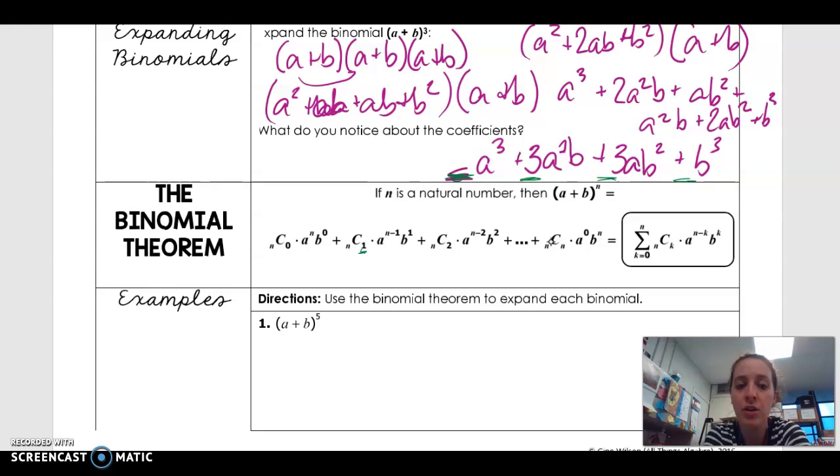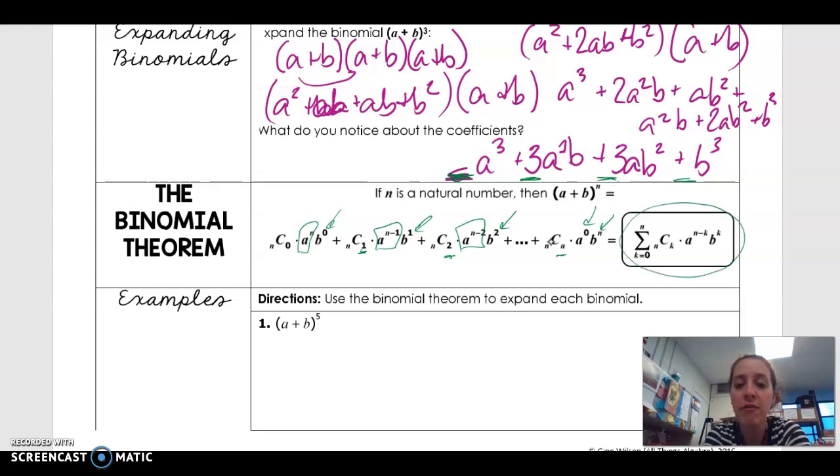So you'll see I increase this value every time until I get to the end. And we're going to look at this at the very end and give us some simple steps. So you'll notice my exponent with my a decreases 1 every single time, all the way down till 0. My exponent of my b starts at 0, and it goes up 1 every single time.